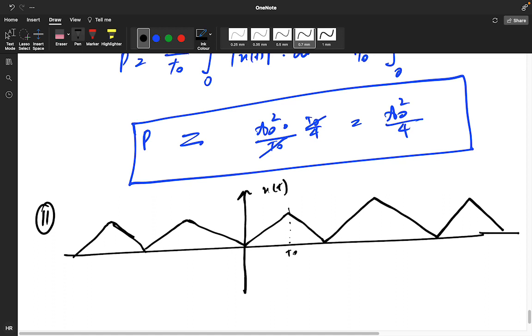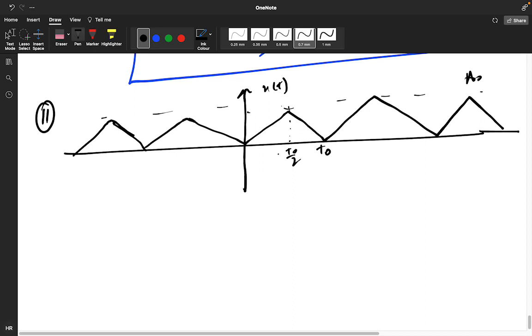This is t naught by 2. This is t naught. And this particular point is your a naught value. So this is your positive slope. This is your negative slope. This is your positive slope. This is your negative slope.